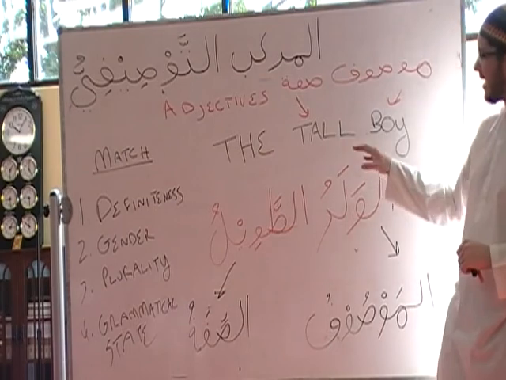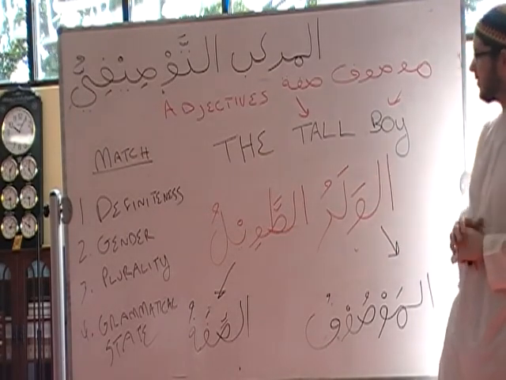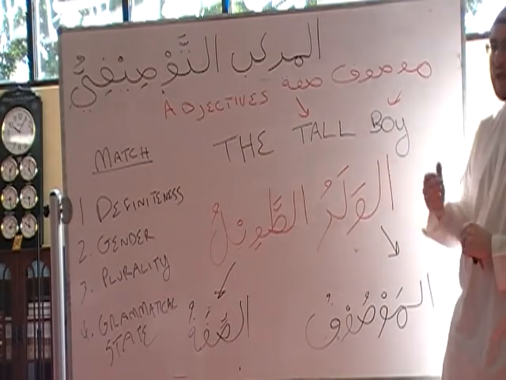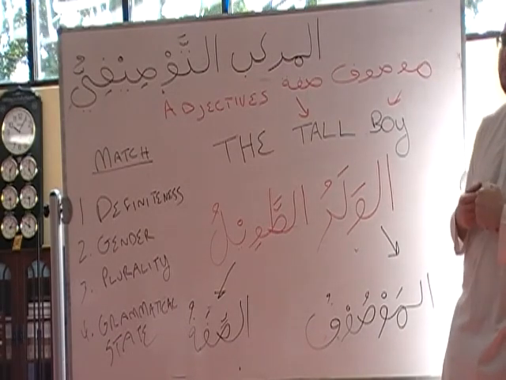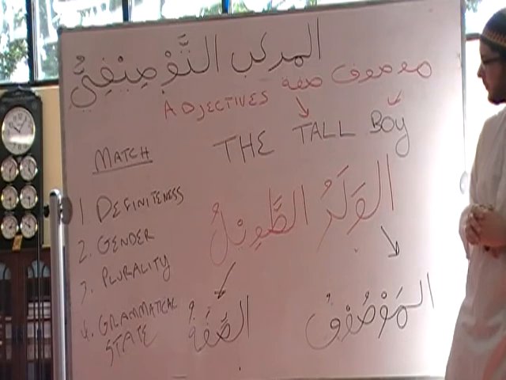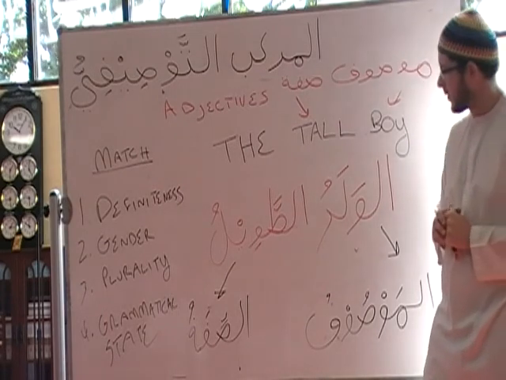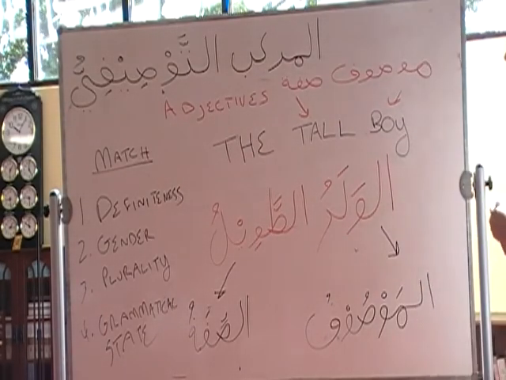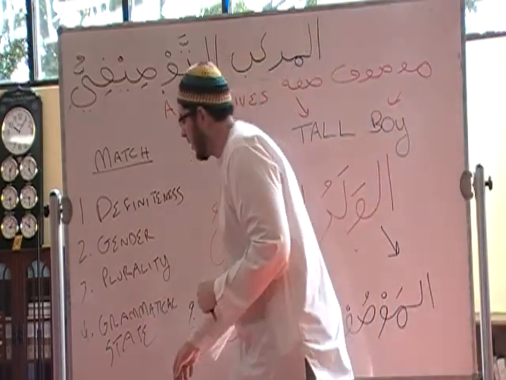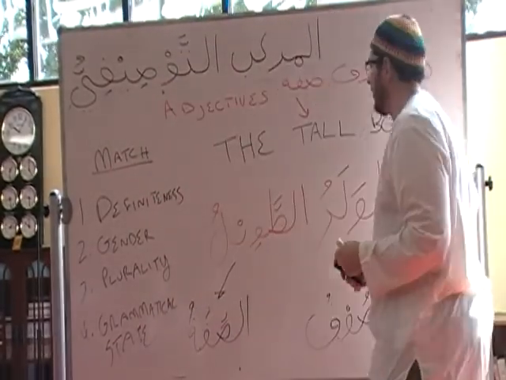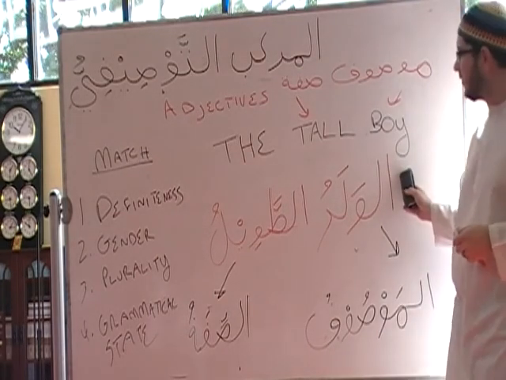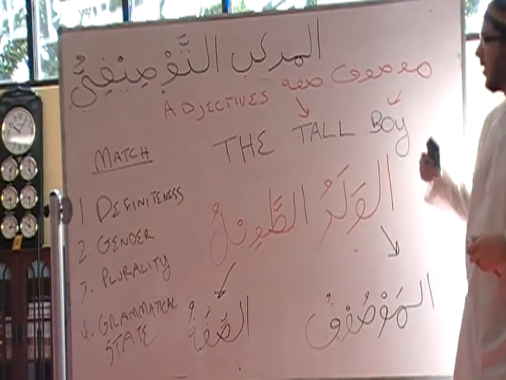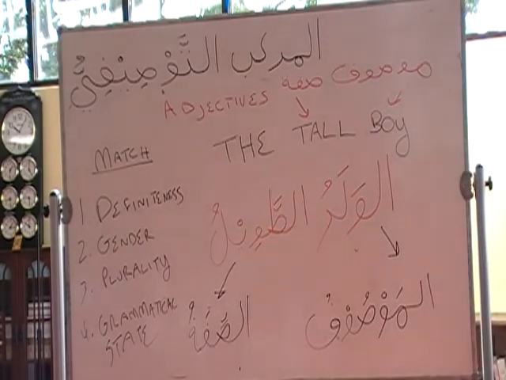So this is matched in all four qualities. Therefore, it fits what's known as the adjective compound, or al-murakkab al-tawsifi. Okay? So go ahead and write this down, inshallah, and then I'll show you some other examples, inshallah, and why it's important to recognize that this is a compound, and then where to put the "is" in a sentence.